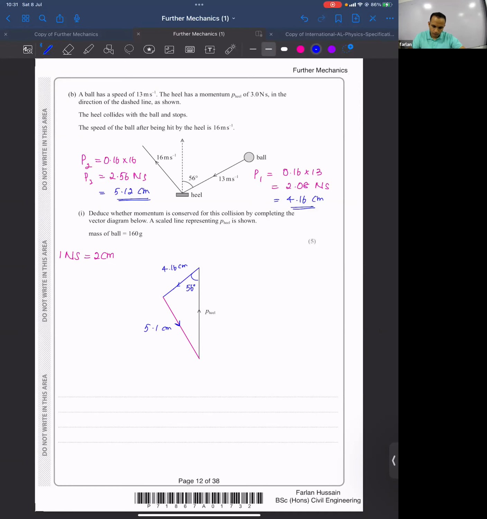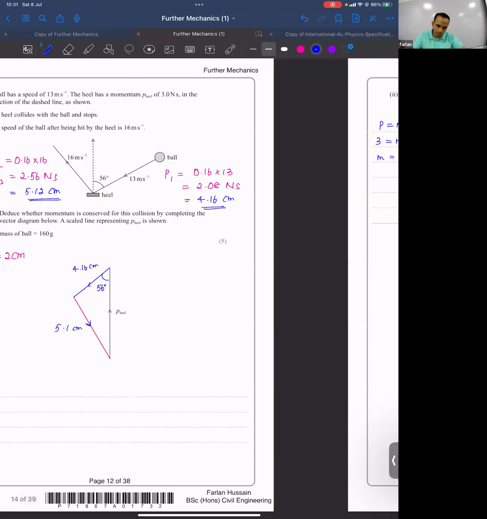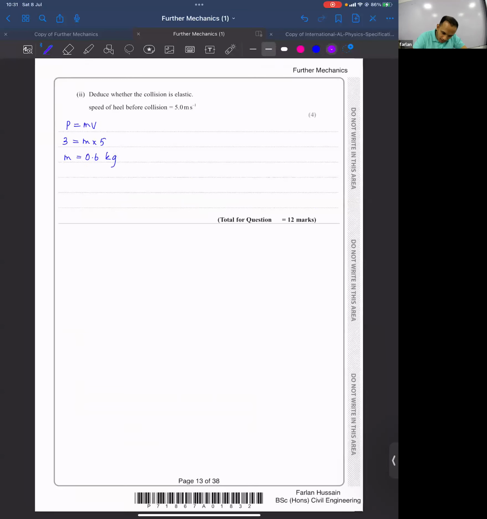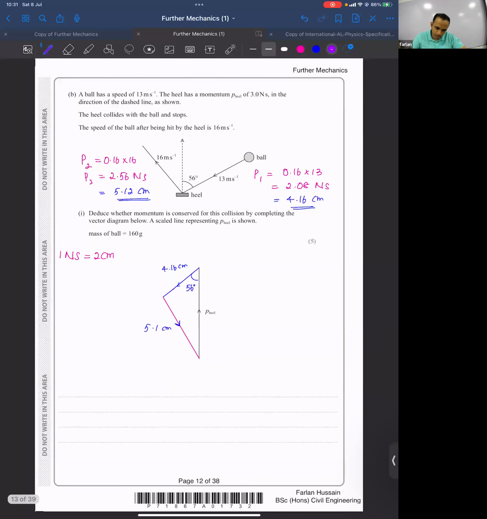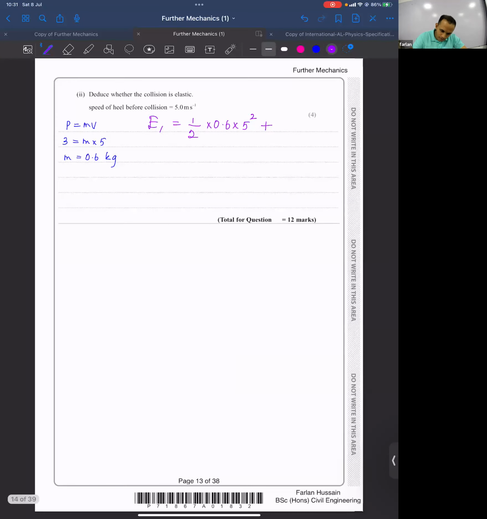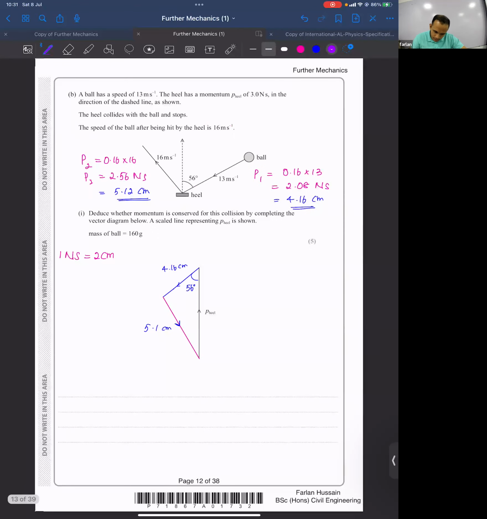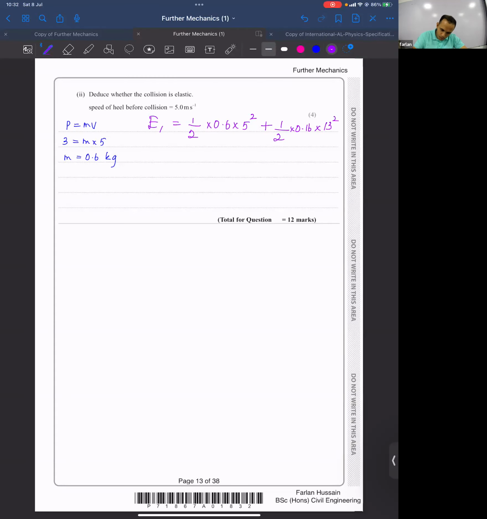So guys, before collision, the total kinetic energy, if I take it as E1, is: the kinetic energy of the heel, half into M, which is 0.6, into V, which is 5 squared, plus the kinetic energy of the ball, half into 0.16 into 13 squared.